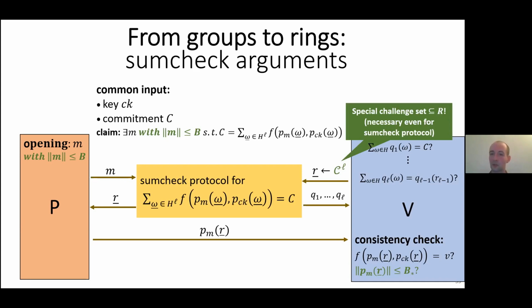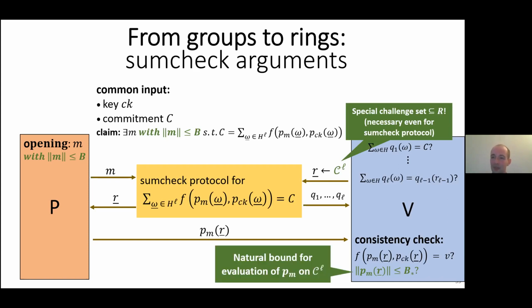Another difference when you want to work over these special bilinear modules and capture settings like lattice-based settings is that you want to use a special challenge space for the sumcheck protocol. Even if we weren't dealing with commitments and we were just dealing with normal sumcheck protocols over these rings, then it would be necessary to use these special challenge spaces. So please take a look at our paper for more details on these.